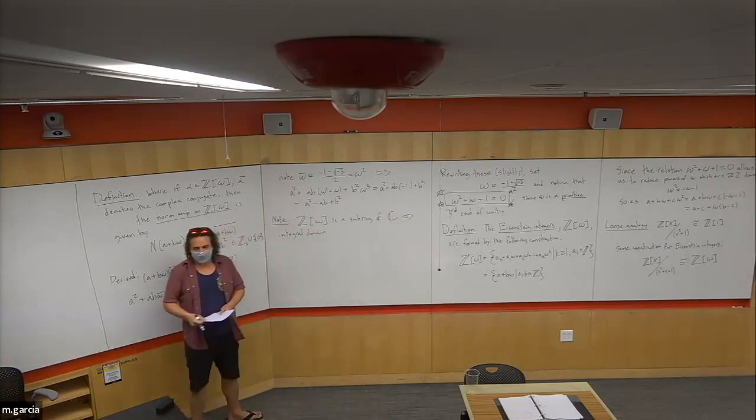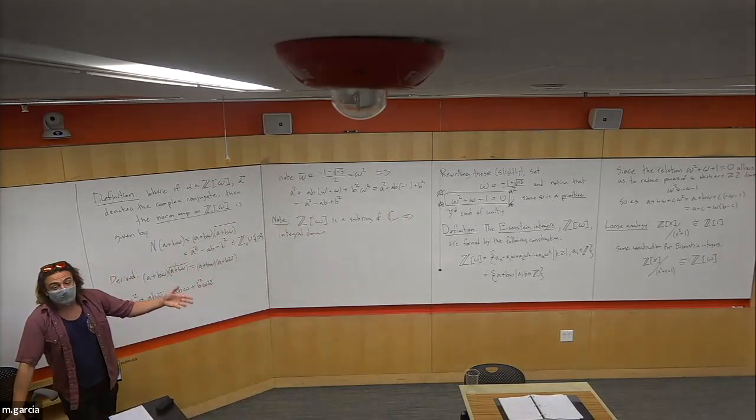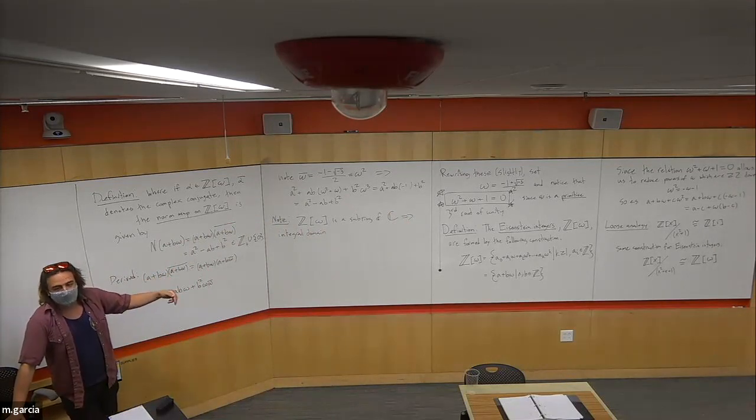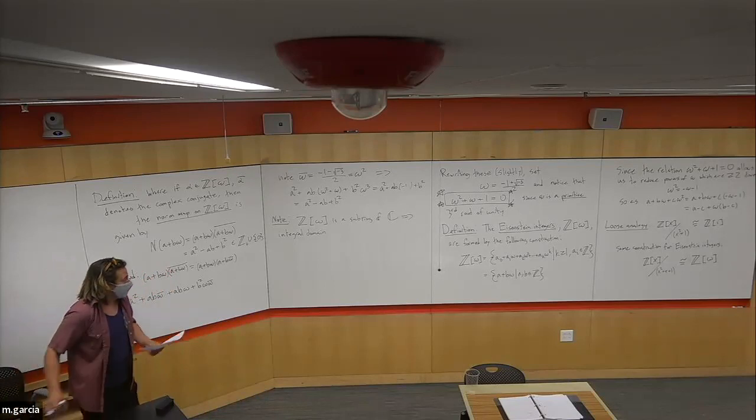Remember, we talked about this. If you're a subring of an integral domain, then you must also be an integral domain. So since C is a field, it's an integral domain, meaning that any subring will also be an integral domain. So the adjoint omega has no zero divisors, because C doesn't.